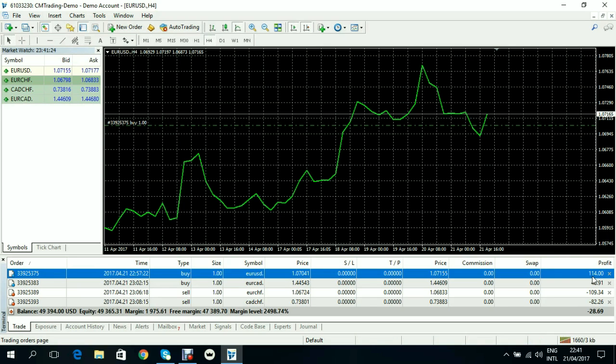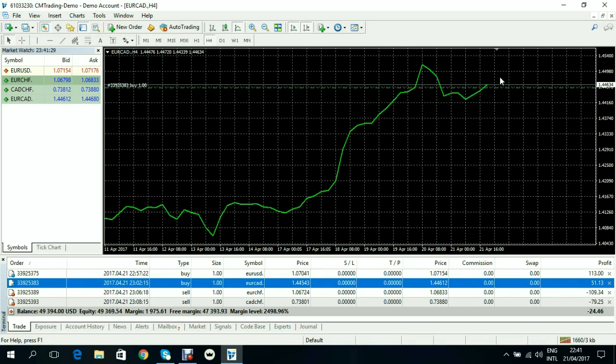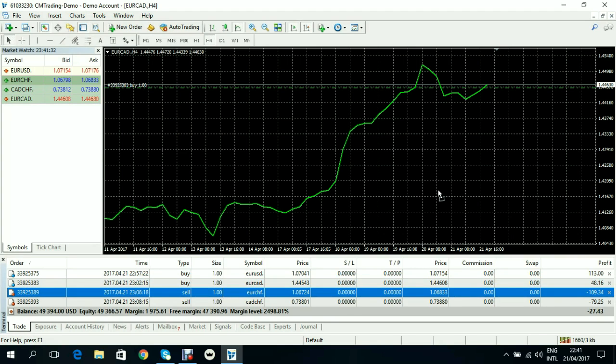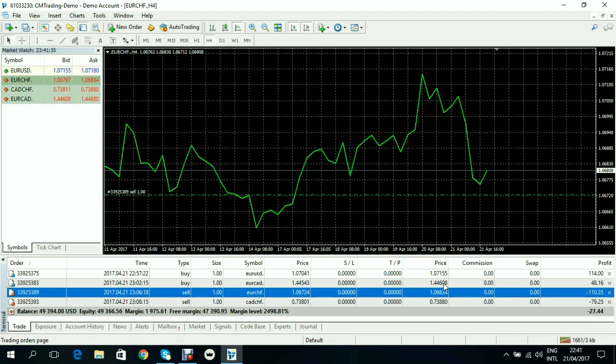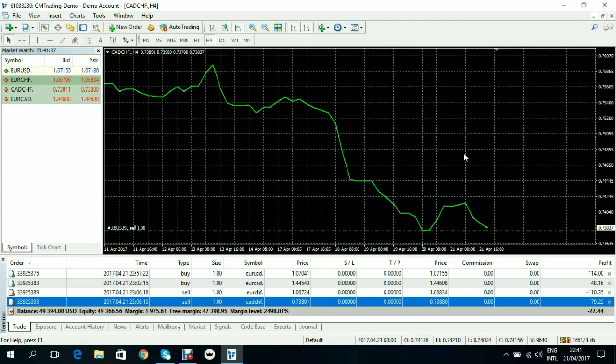You can see it's already in $100 and something, and the Euro card is also going, and we are still waiting for the rest to also take their sell positions. All right, now we want to go further.